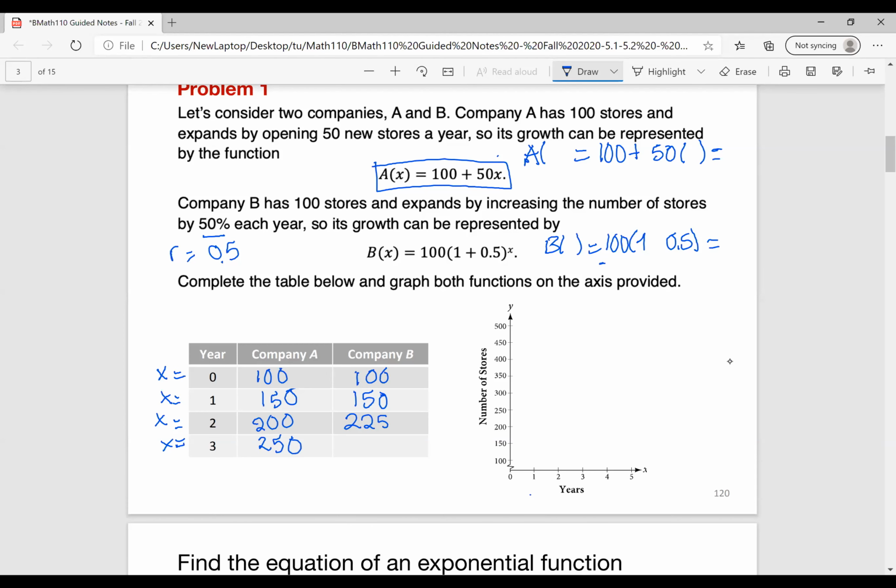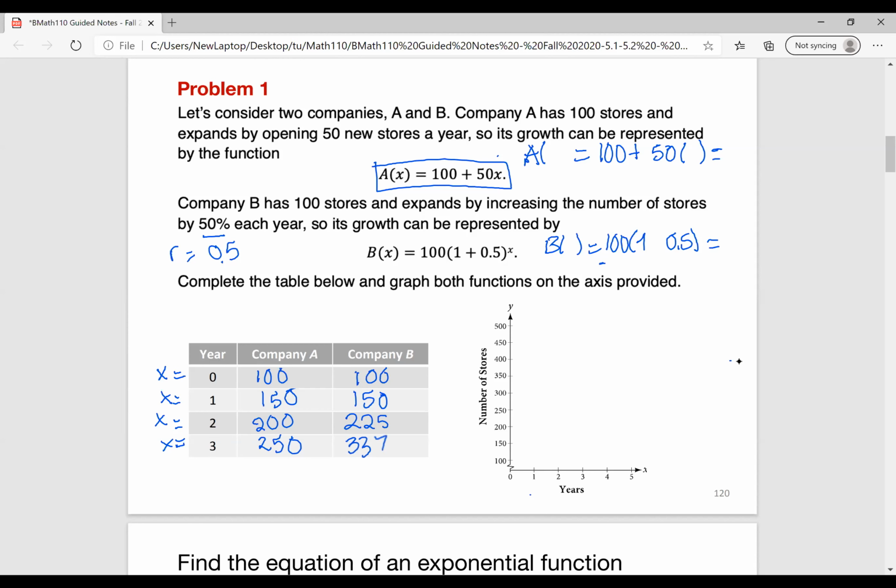But for company B, you have 1.5 to the power 3 multiplied by 100, you will get 337.5. Right? So now I will try to graph both functions on the axis provided here.